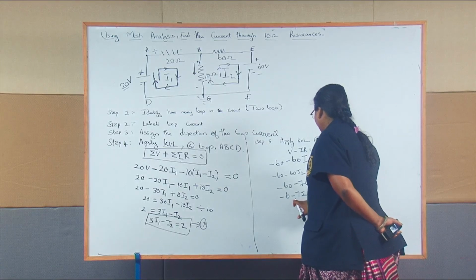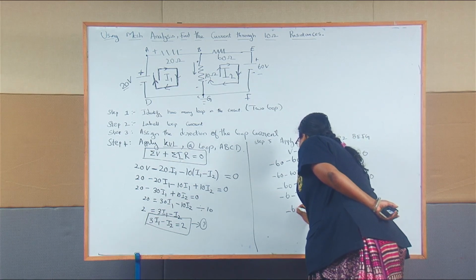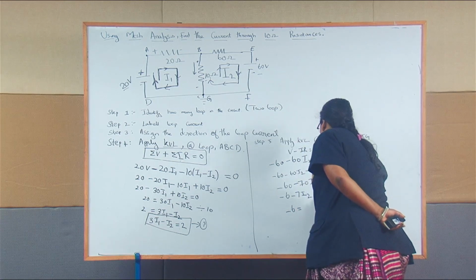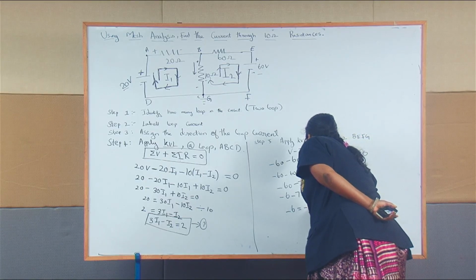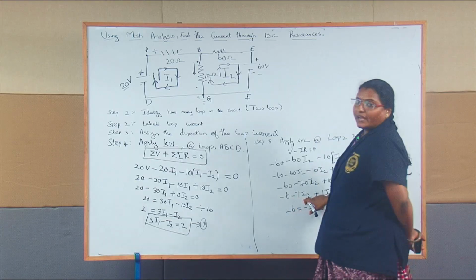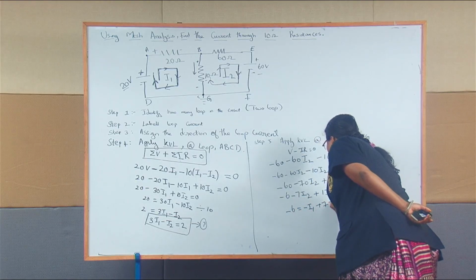So I am going to take this equation to that side. It will become minus 6 equal to minus I1, and this minus 7 I2 will go to that side, meaning it will become plus 7 I2.